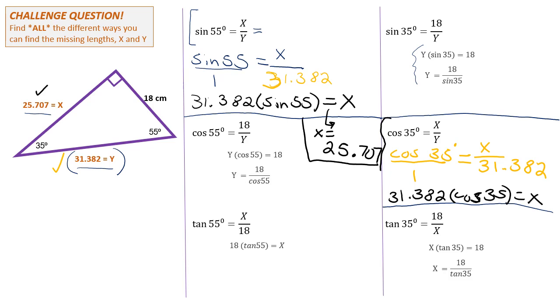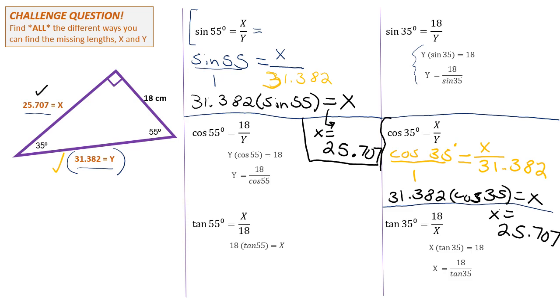And as you probably guessed, if we just plug in 31.382 times the cosine of 35, well, that is going to give us x equals 25.707.